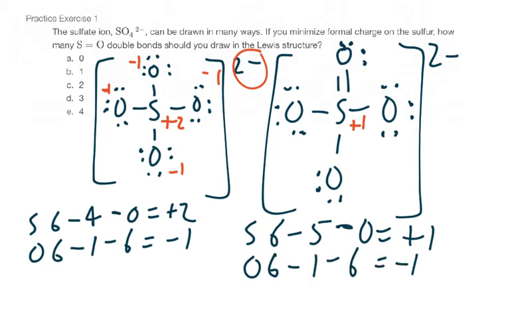They're all going to be -1. So this one's -1, this one's -1, this one's -1. But let's look at the oxygen with the double bond. It's still 6, but it has now 2 sticks minus 4 dots. This one ends up being 0. So this structure already is better than the one on the left because there's at least one 0 here. Okay? So we're looking at a much better structure at the moment.